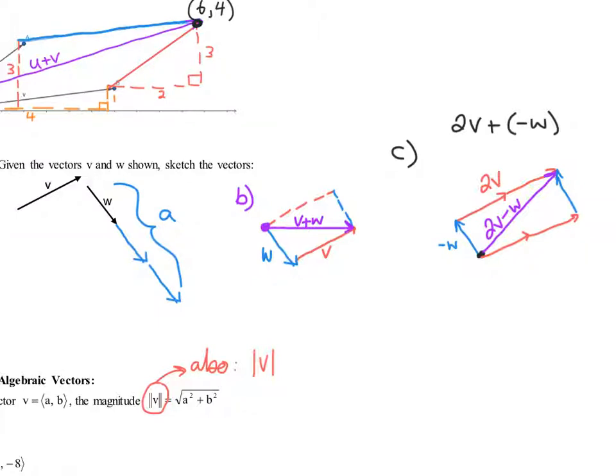It evolved into a trick question. It's really to separate the people who actually understand what's going on from the folks who are just following steps. So I'll say vector v is 2, 1. Vector w is whatever. It doesn't matter what they are. And then I'll say find all these things graphically.